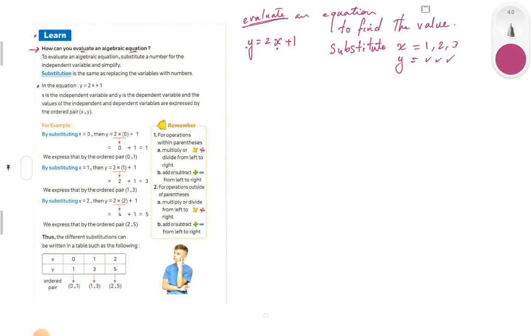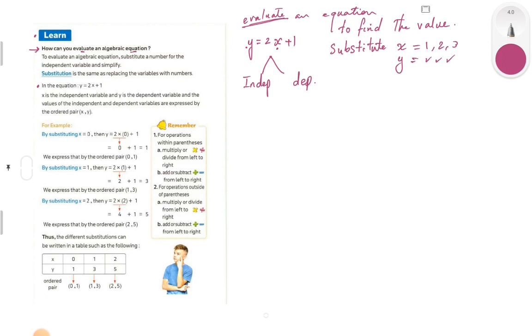By the way, can you define what are independent variable and what's the dependent variable?